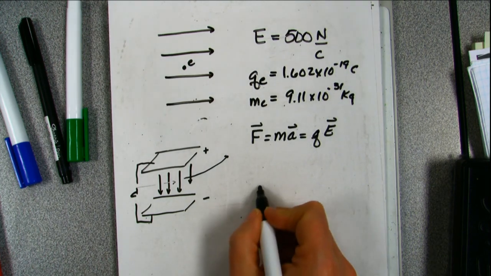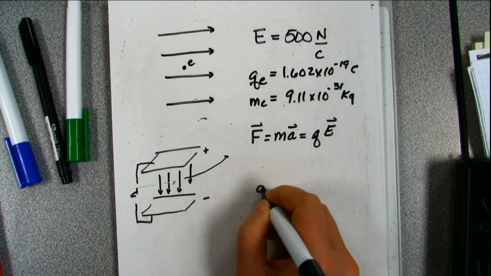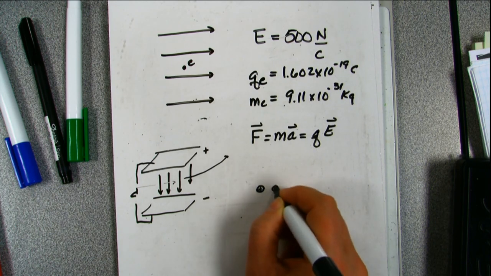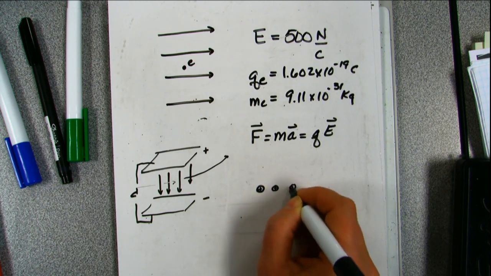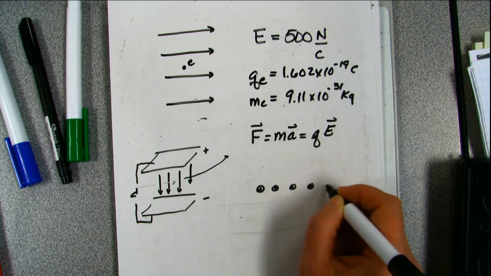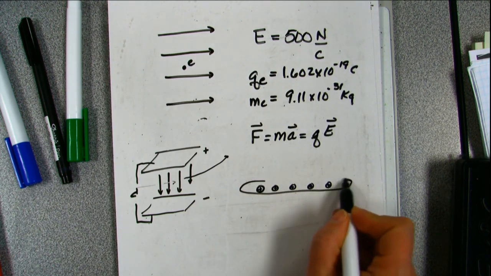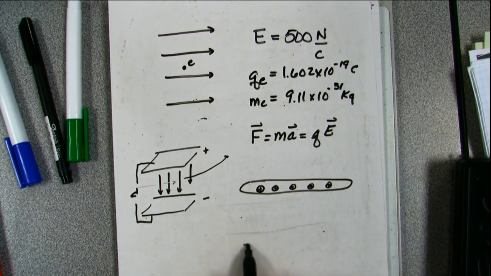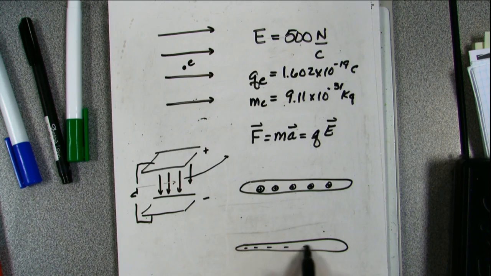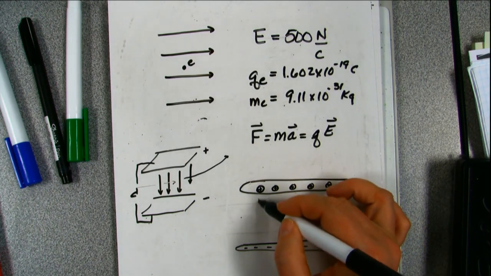If you guys played with it in the lab, you had a line of charge that was positive, and you had a line of charge that was negative. It goes from positive to negative.